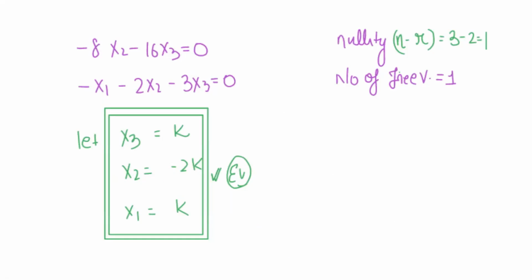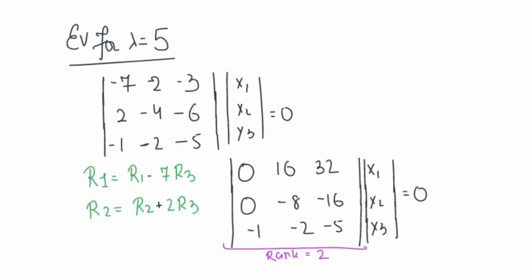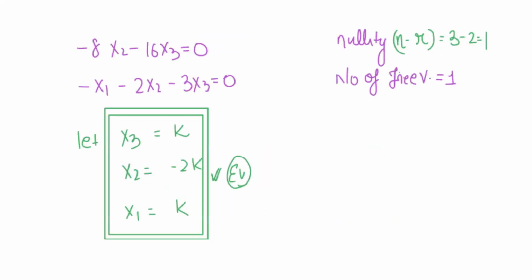That means we will substitute x3 is equal to k. What is it? x3 is equal to k and x2 is equal to minus 2k. x1 is equal to k.